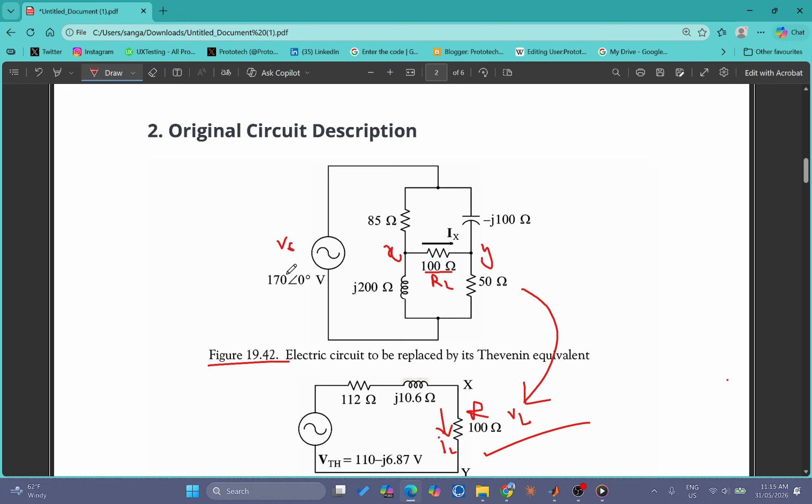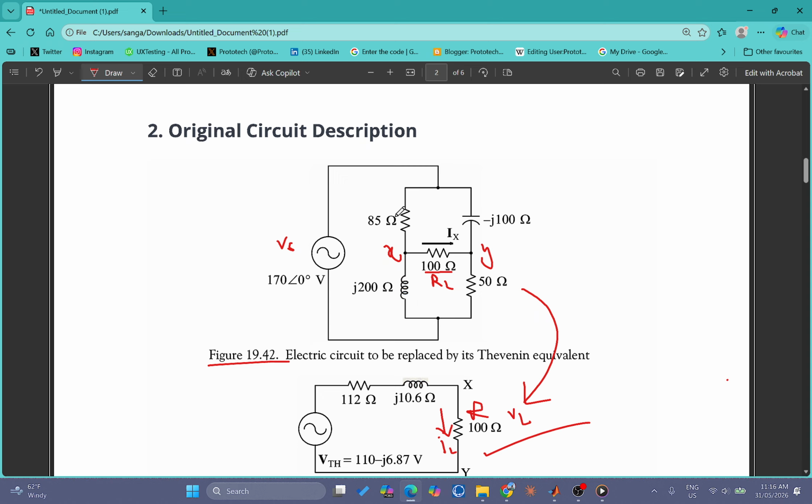The circuit consists of the AC voltage source Vs, which is 170 volts at the angle of 0 degrees, and we have a load of 100 ohms connected to the X and Y branches.